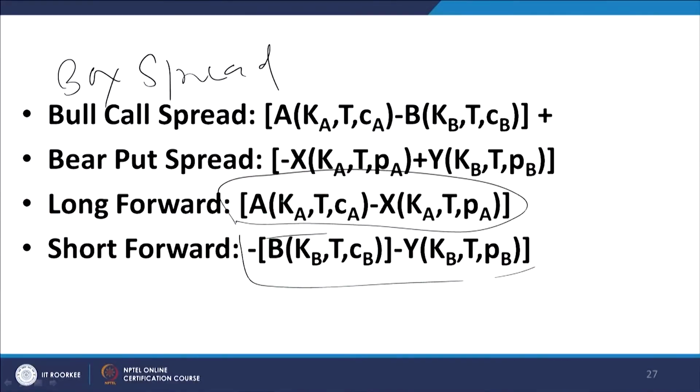Look at this. This A is a call, you will recall that A is a call option. So, long call, and this is what the X was, a short put. So, long call and short put, this is a short call and this is a long put. Let us look at this one first, long call and short put.